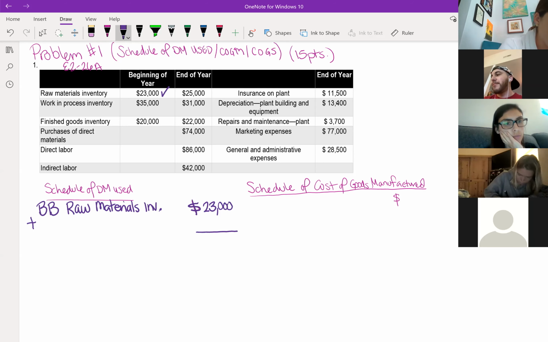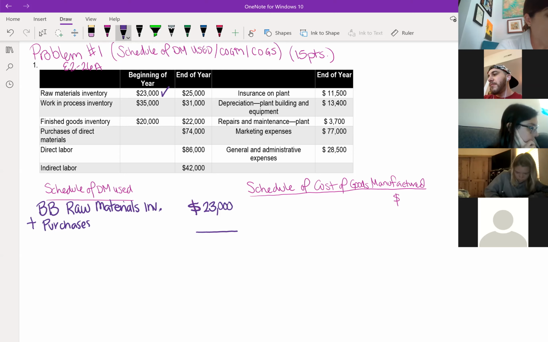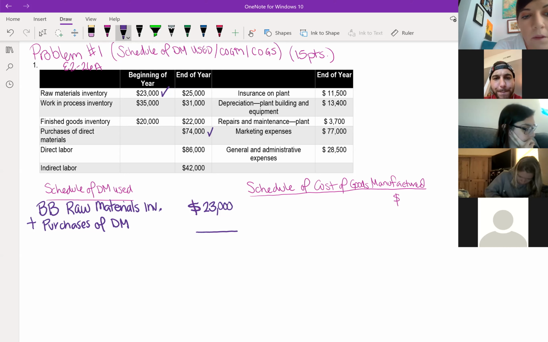Correct. Purchases of direct materials. And I'm just going to abbreviate it if that's okay with everyone. 74,000. So we're only using each of the items above once. We're not going to use them again. So that's why I'm just checking it off so I don't see it still.